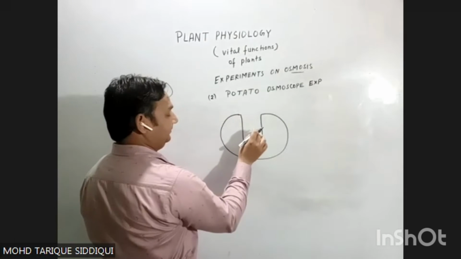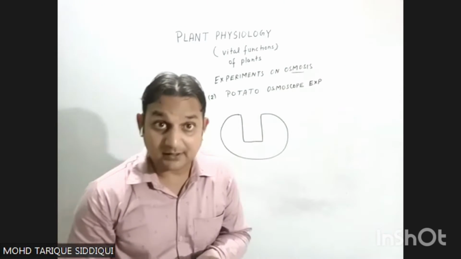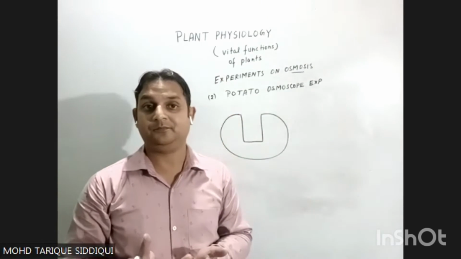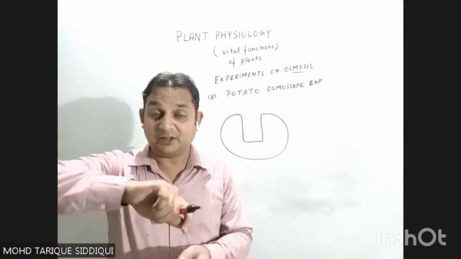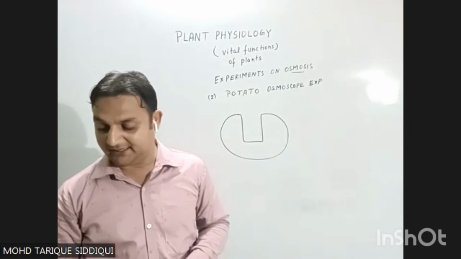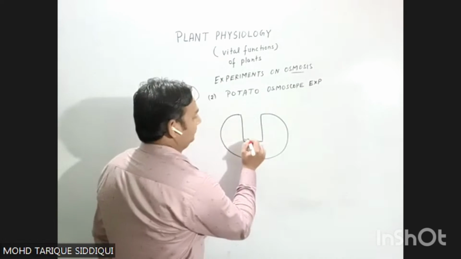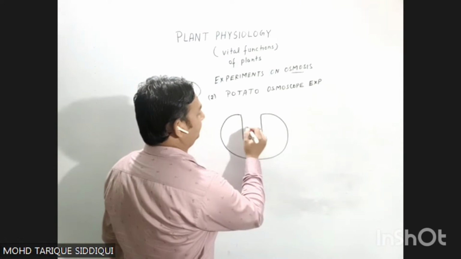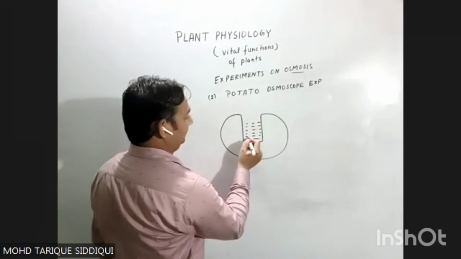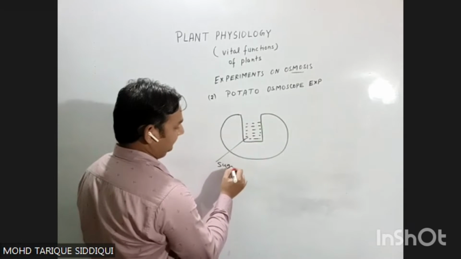This is a cavity. Take a potato tuber and peel it, then scoop out the cavity inside the potato tuber and fill some sugar or salt solution inside this cavity.